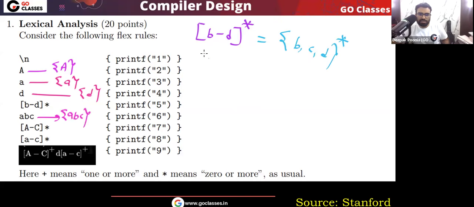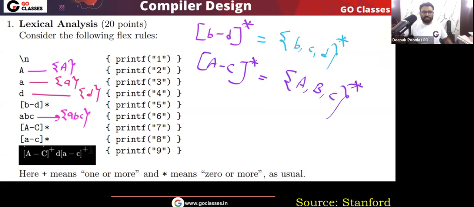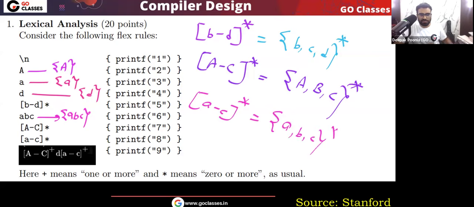Next, you can see this capital A to capital C star. This is basically the same as capital A, B, C. This is small a to small c whole star, the same as three letters, small a, small b, small c whole star.